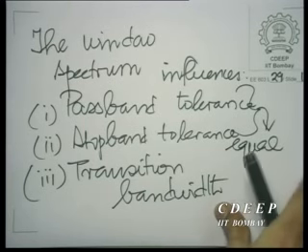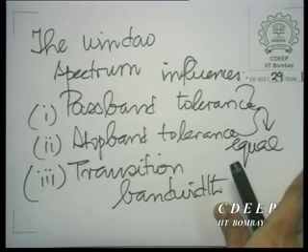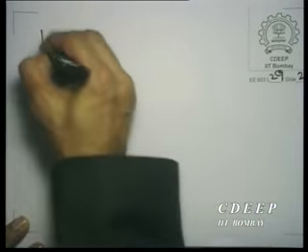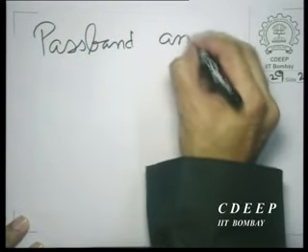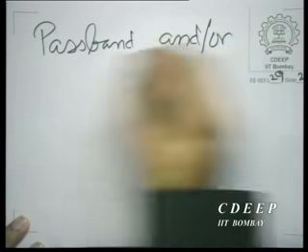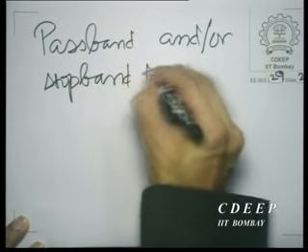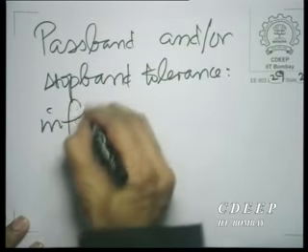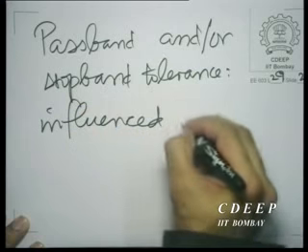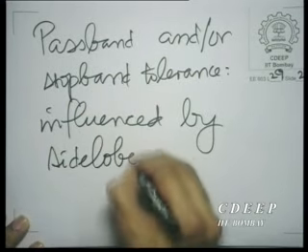The cause of passband and stop band tolerance is the area under the side lobe. The passband and stop band tolerance are influenced by side lobe area.